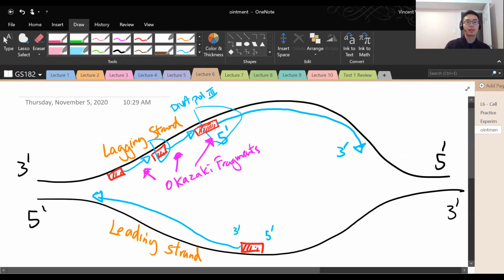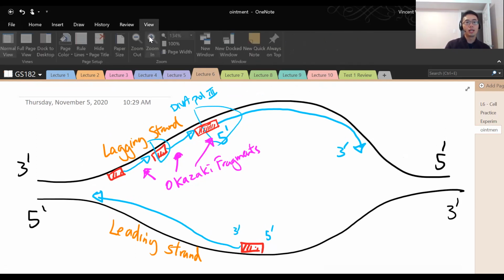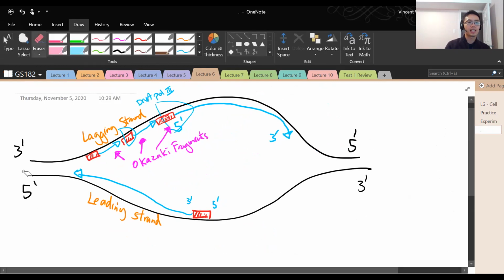Okay, but before I go back to the table, I also want to mention something else. Okay, let's say this is the end of a DNA, right? Okay, so as it opens, you're gonna have another primer here, and then you're gonna eventually copy this. Okay, remember, all these primers are RNA, and they will be replaced with DNA because of polymerase 1.